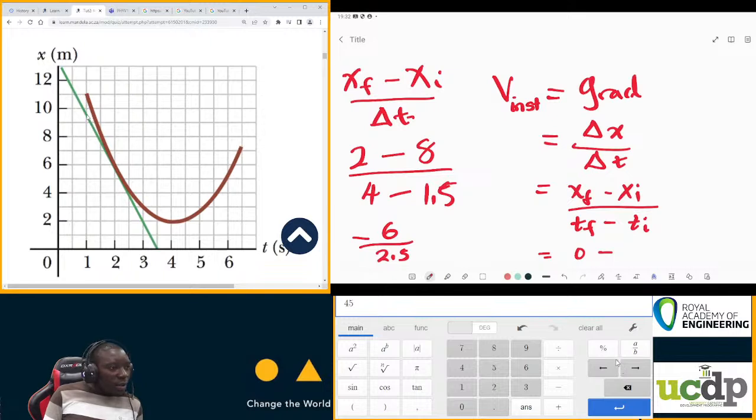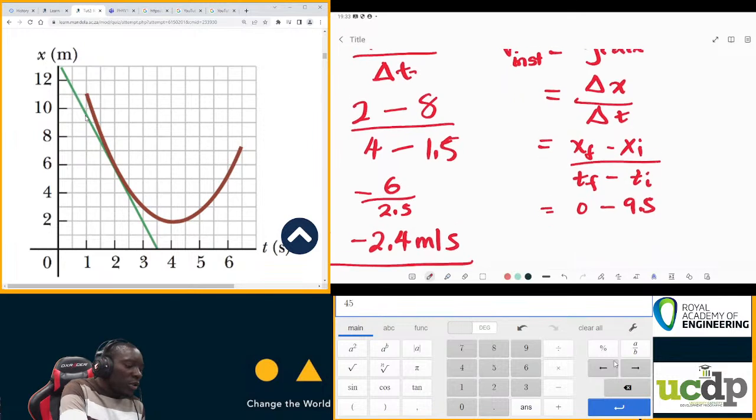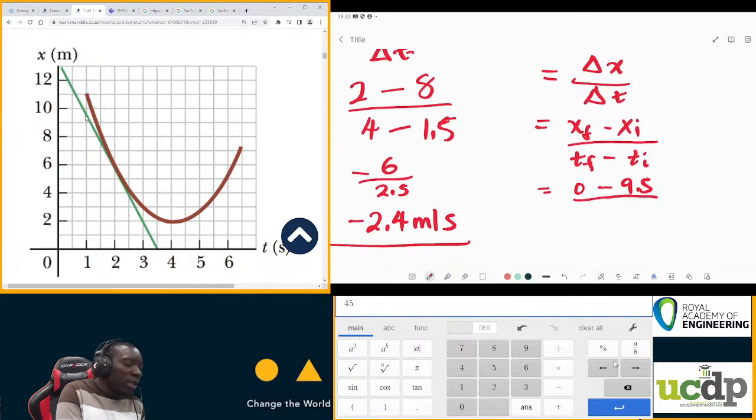Okay. If we take this point here, I think we can safely say that's 9.5. So x initial is 9.5, so x final minus x initial is 0 minus 9.5. You have to choose any readable point that gives you a good estimate.